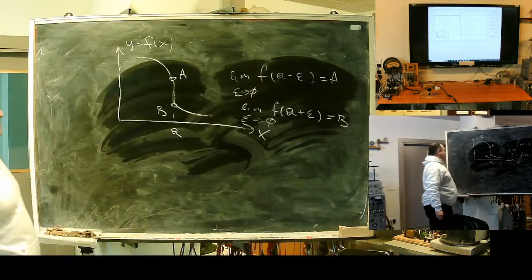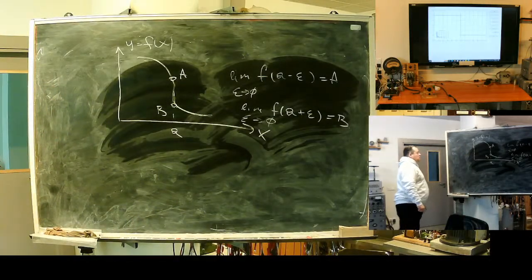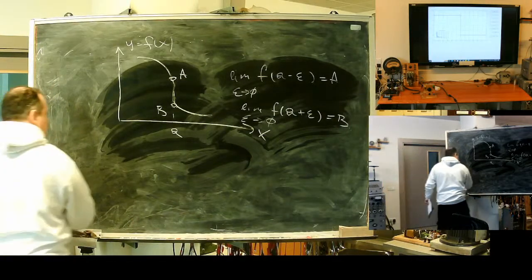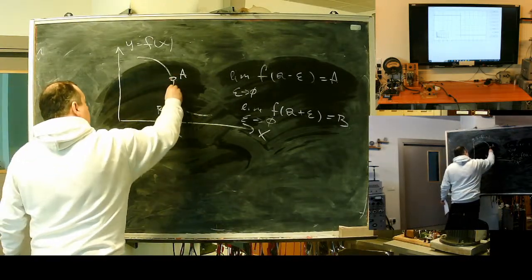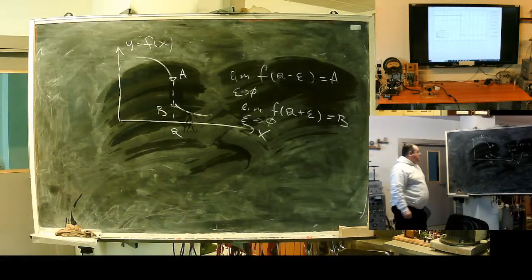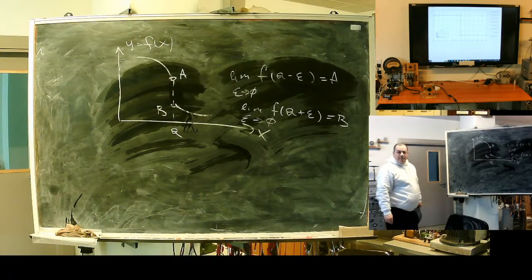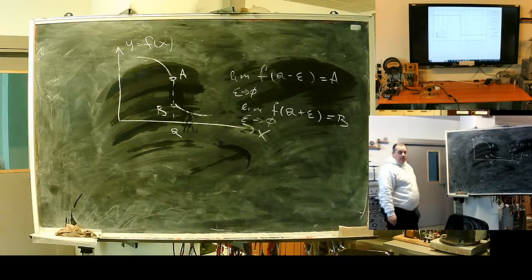We have something like this, a function with an interruption. The Fourier series will show some strange behavior at the breakpoint.